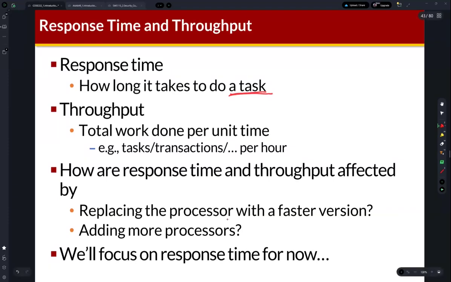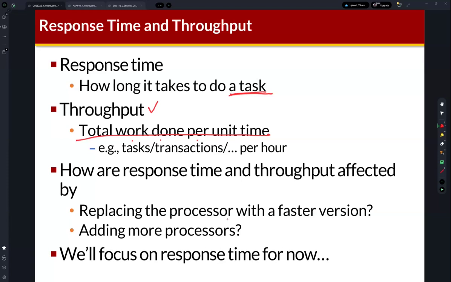And then what is the second performance metric? It's throughput. Throughput is also a frequently used performance metric in a system. The definition of throughput is total work done per unit time. In order to measure the throughput of a system, we can measure the amount of work done during a unit time.